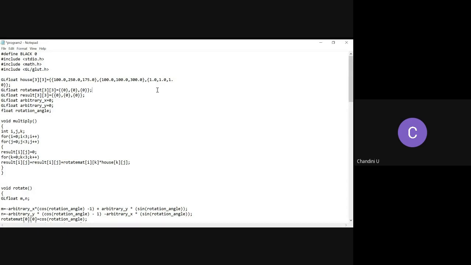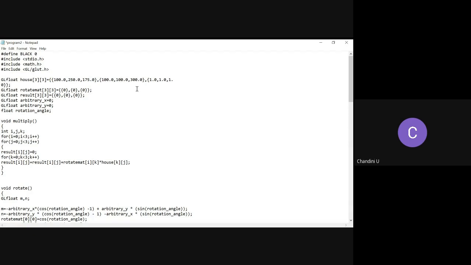See, you will have a triangle with the coordinate 100, 100. That is, x1 is 100, y1 is 100. Next, x2 is 250, y2 is 100, because that will be the first edge of the triangle, the base. For the base, the y values will be the same, right?